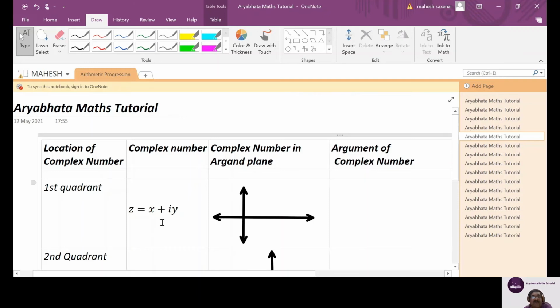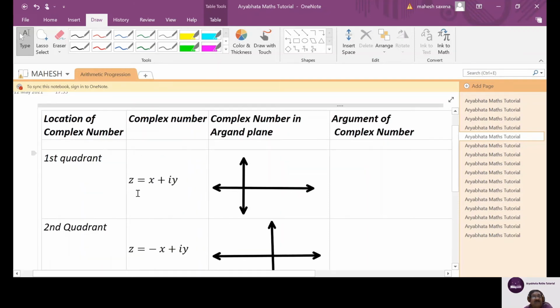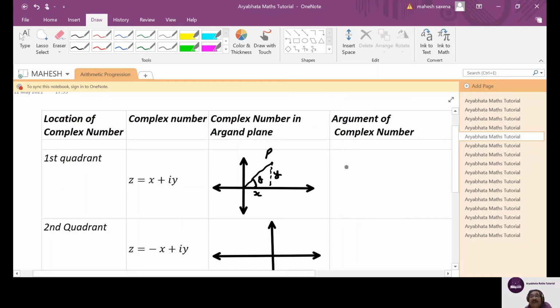Suppose in the first quadrant it is x plus iy. Therefore, in this case, point P will be somewhere in the first quadrant. This will be x, this will be y, and this is the theta. Therefore, from this axis, argument of z is theta.